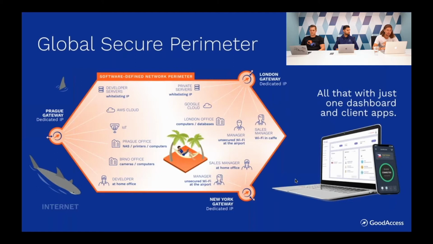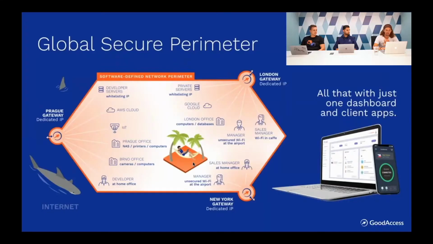And what we create in the background, we create the private network, completely based in a cloud, which is software-defined perimeter, and it's completely hidden from the public internet, which can be possibly dangerous, as you probably know.